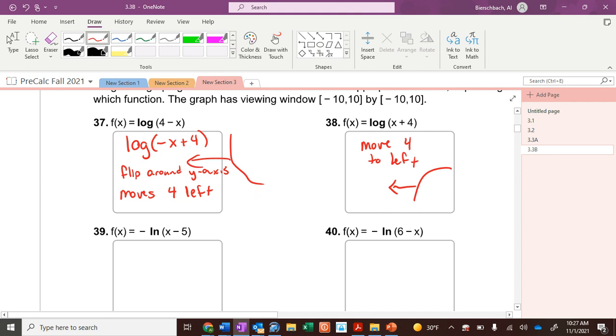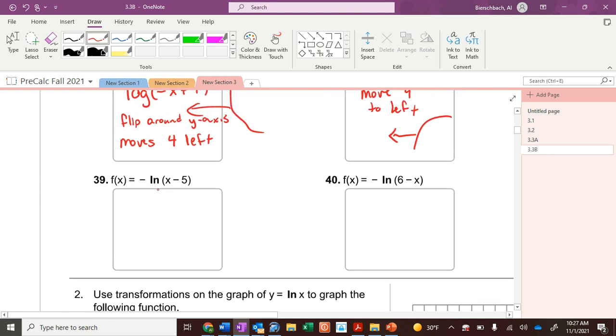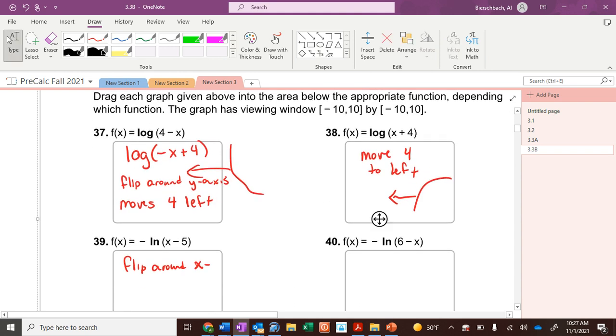to the left. If it's a negative on the outside, then it's going to flip around the x-axis. Ooh, I did this one wrong. This one, we flip around, it was like this, so then it goes like this.